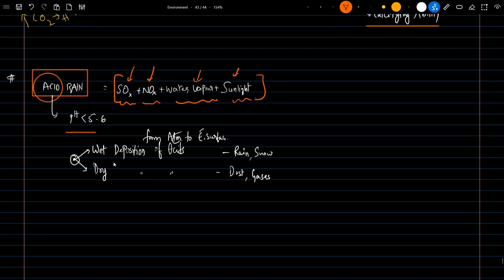So there will be wet deposition of acids and also dry deposition of acids. Wet deposition is acids from the atmosphere to the earth's surface as rain and snow. Dry deposition is in the form of dust, gases, these things.